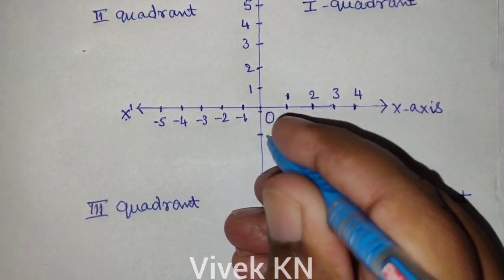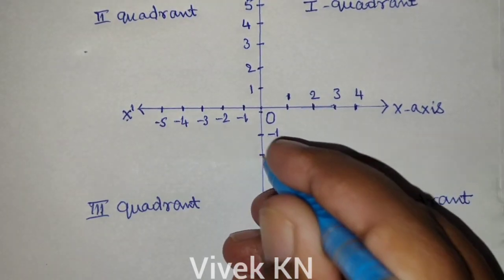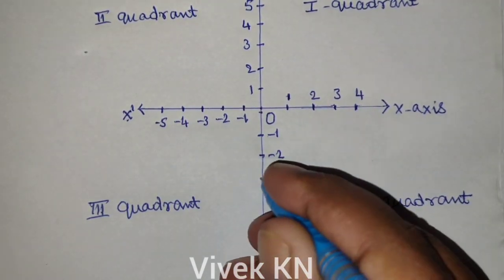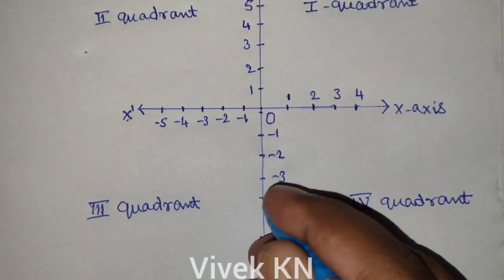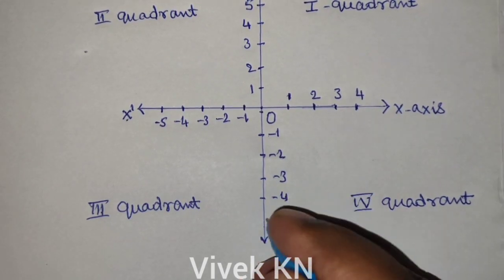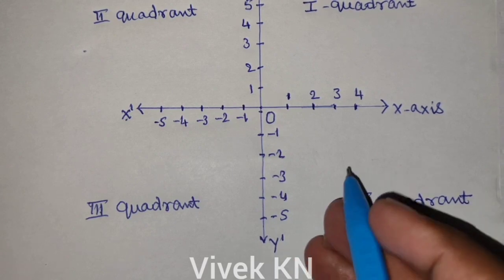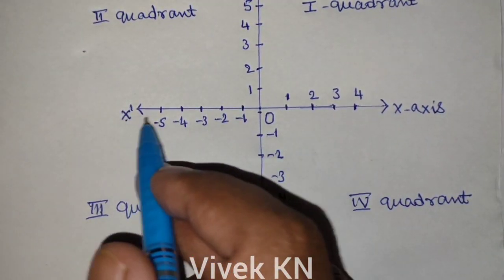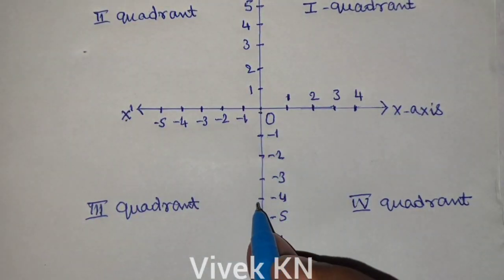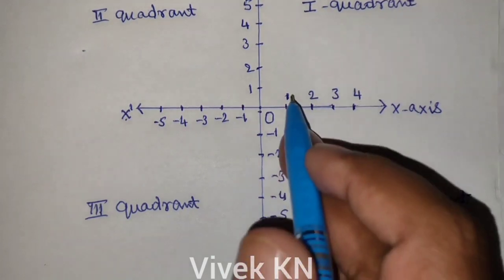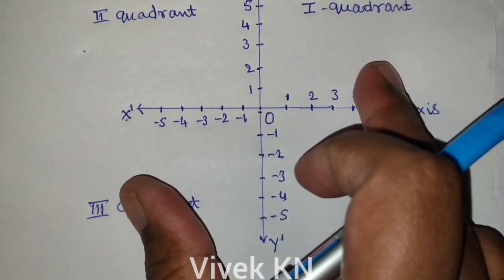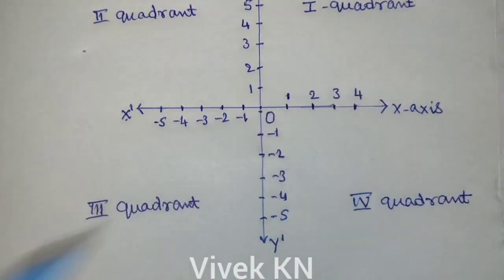That is minus 1, minus 2, minus 3, minus 4, minus 5, and so on. And these values of the x and y axes help us to find the location of any point on the plane.